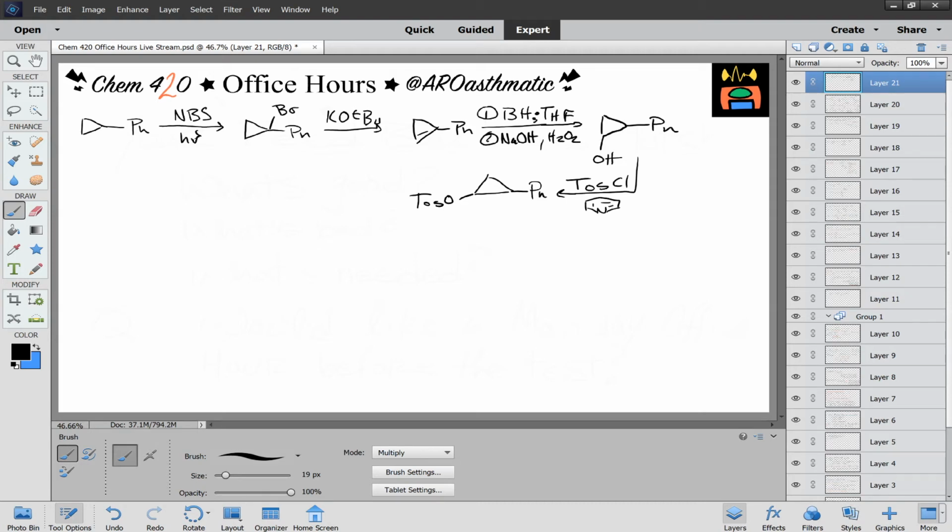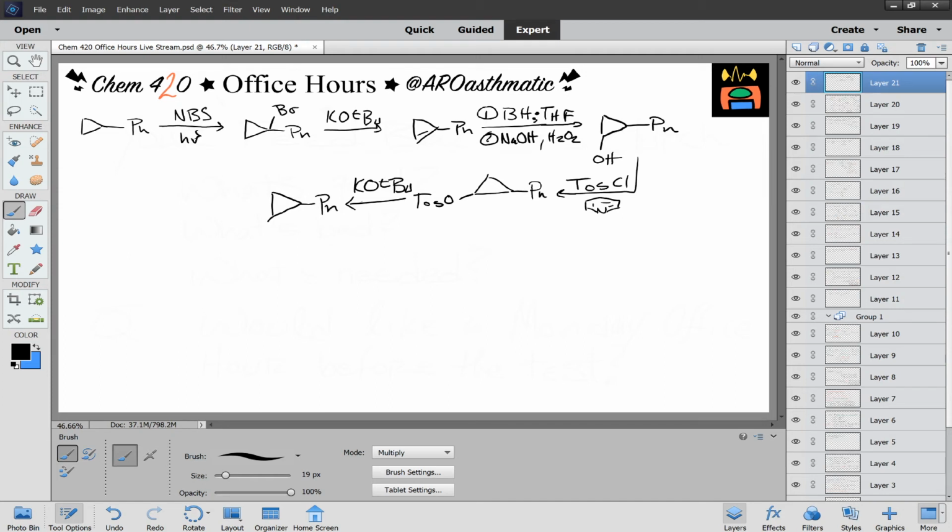Finally, not finally, I don't know why I'm saying finally here. We can eliminate that again with our E2 base, potassium tert-butoxide, to get our alkene.